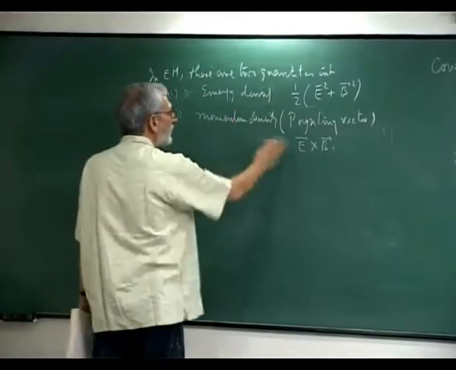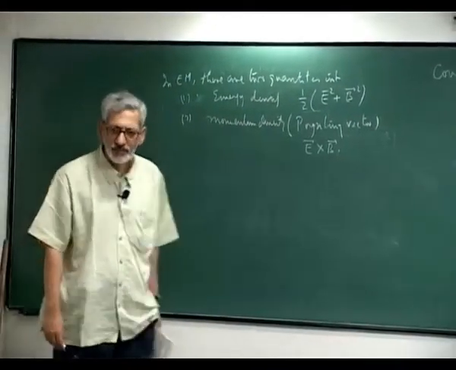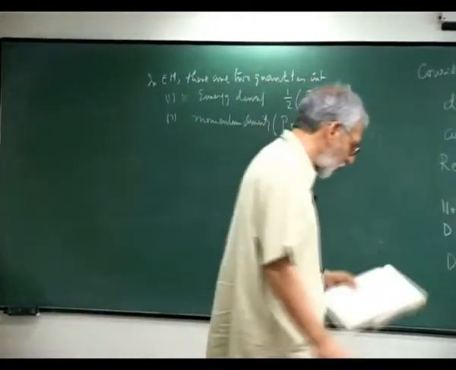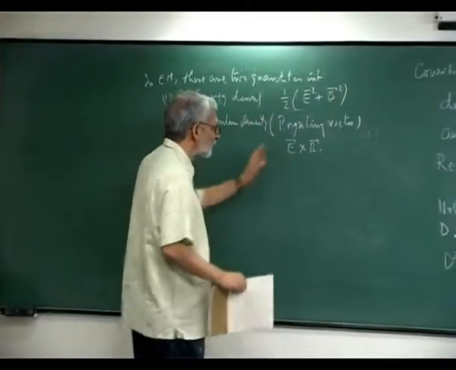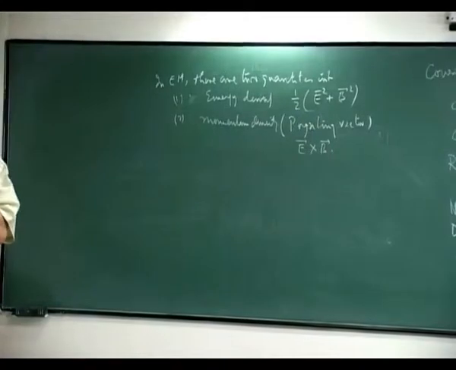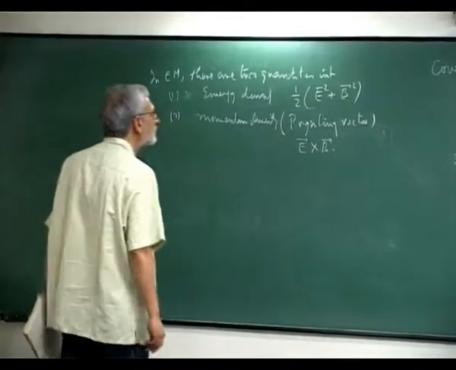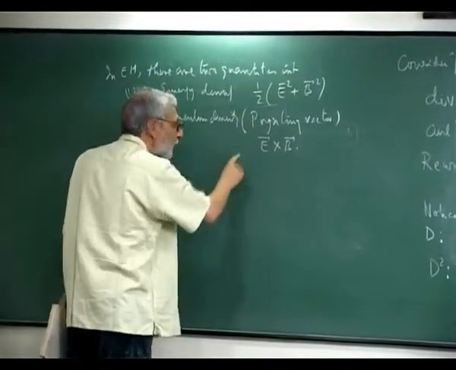Now let me write them. Oh, put a half. That doesn't matter, it's twice the Poynting vector. Here I did the right normalization. See, that's why I didn't put an equal sign.